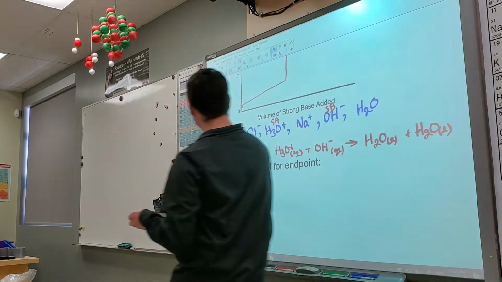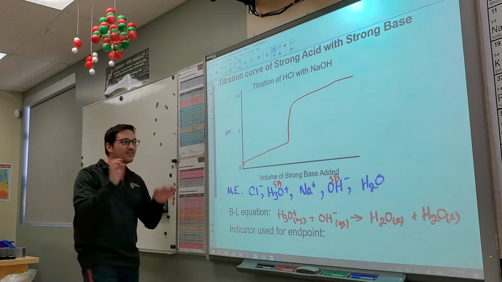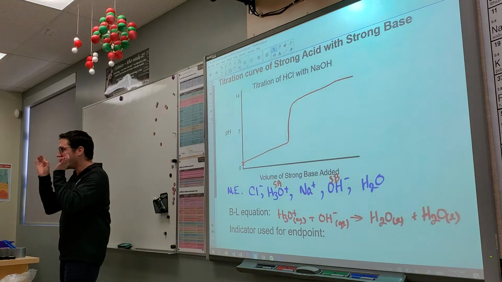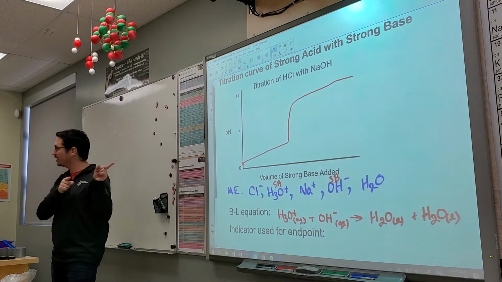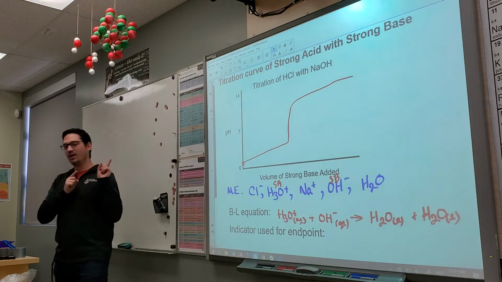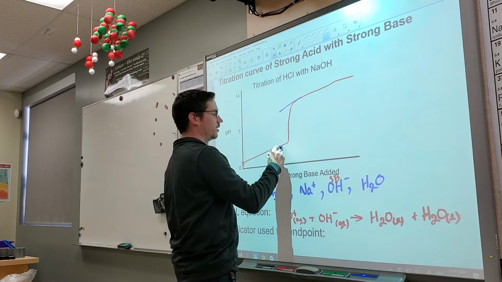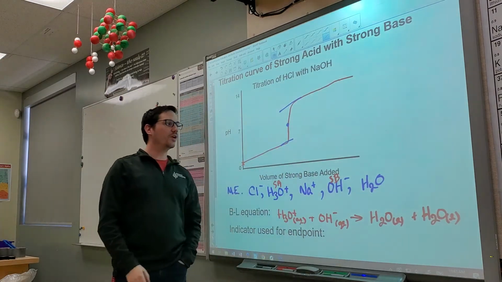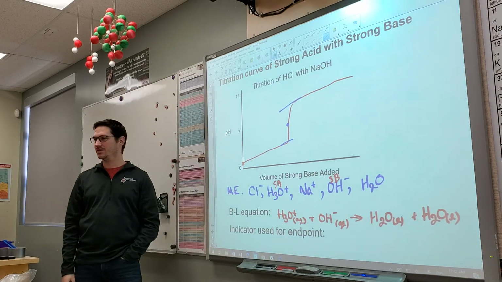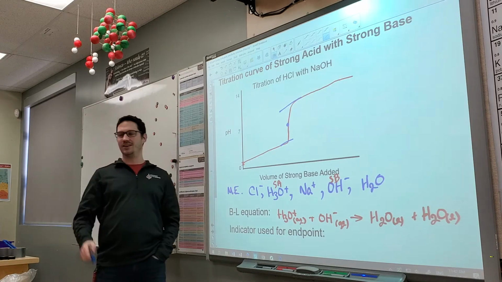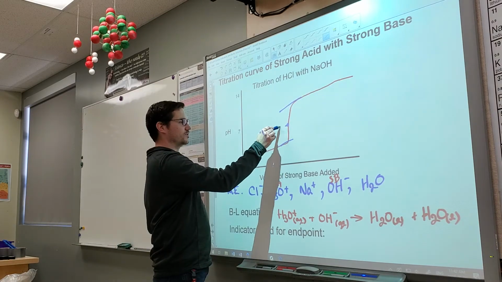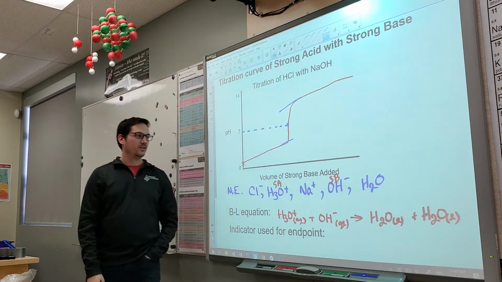And what do you notice about the very, very carefully drawn graph? I'm a crap artist, but I'm really good at drawing pH curves. What do you notice about the equivalence here? It should be at 7, and I think I spoke too soon. I kind of went up.